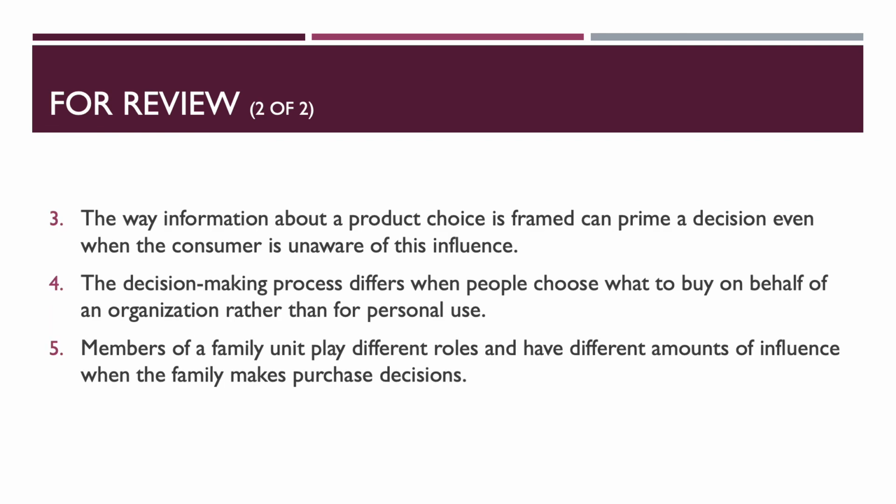We learned the way information about a product choice is framed can prime a decision even when the consumer is unaware of this influence. We discussed how the decision-making process differs when people choose what to buy on behalf of an organization rather than for personal use.